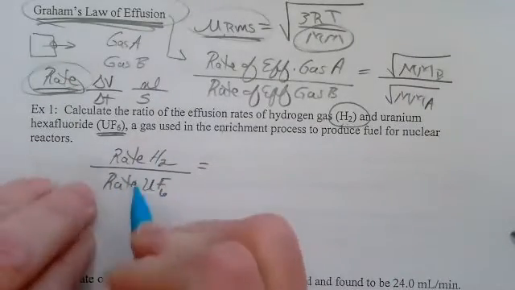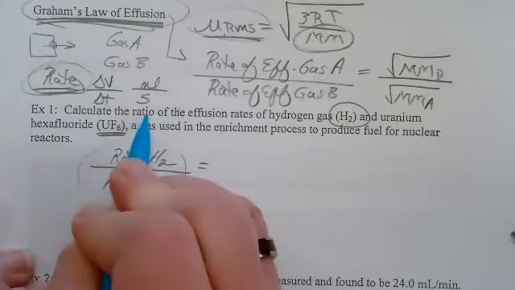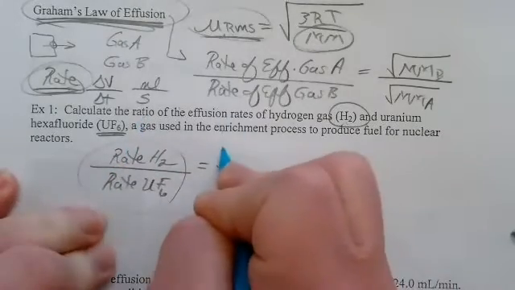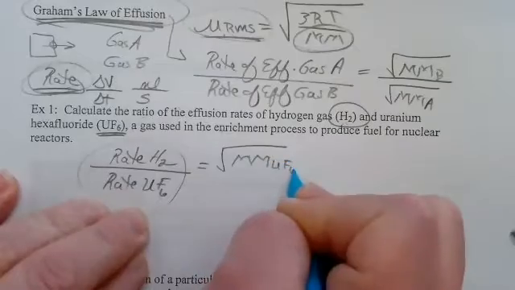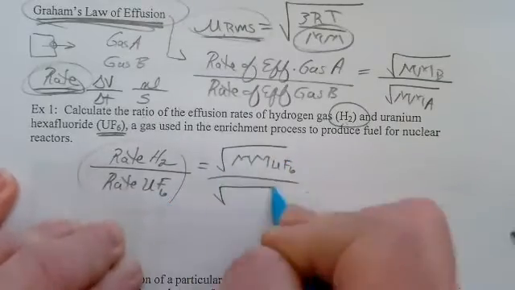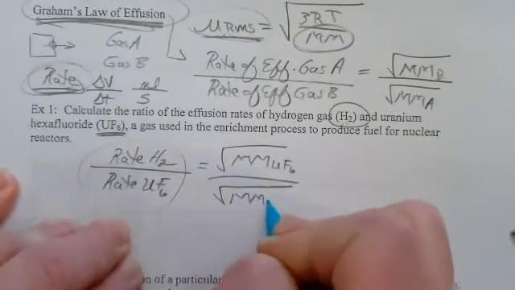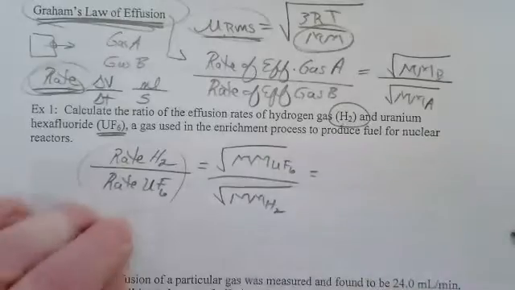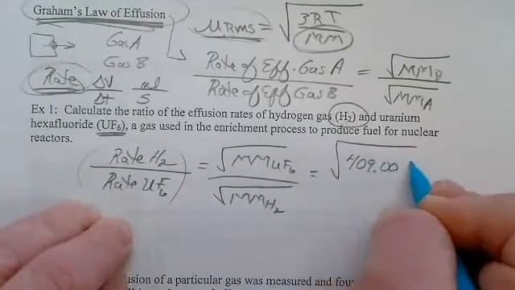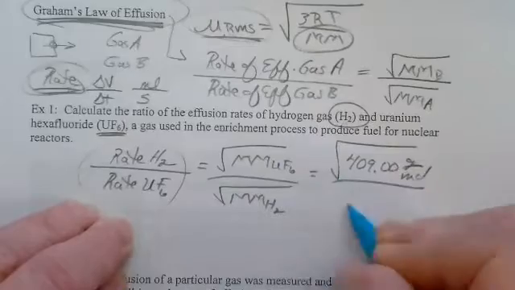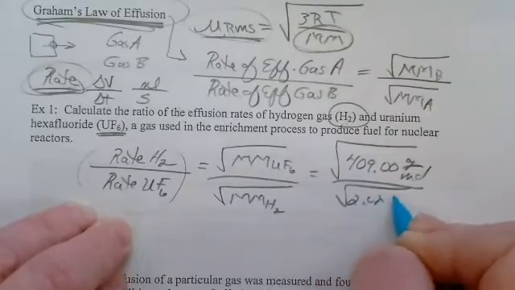So what we would do to find this ratio, it would be the square root of the molar mass of, of course, uranium hexafluoride, inversely related, over the molar mass, square root, of hydrogen, which will be 409 gram per mole over 2.02 gram per mole.